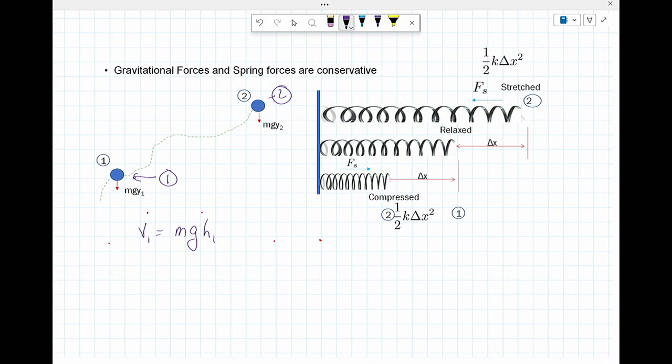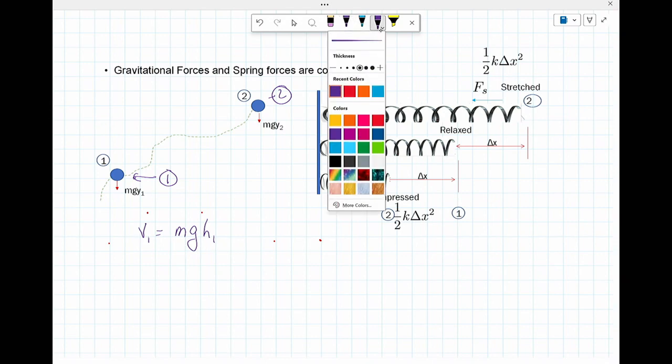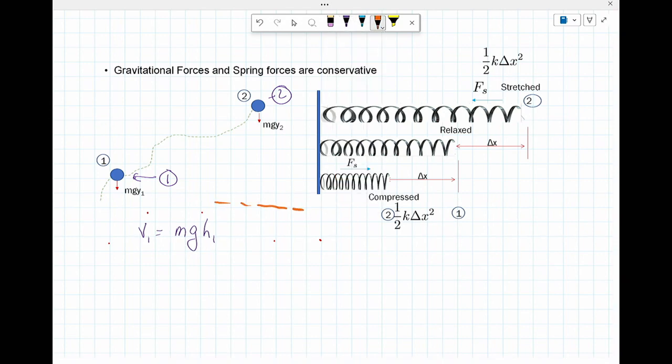And the important thing here, if I were careful, is to define h1 and h2. And if I can do that, I can write mgh2. The idea is that a conservative force is one where you can go up, you can go back down, and the delta in that energy is 0.